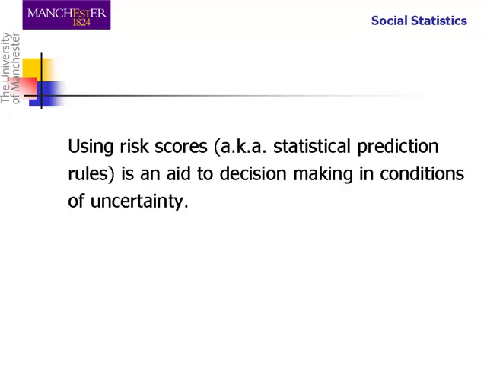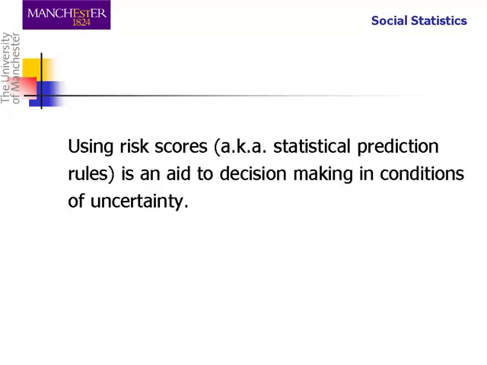But it's an aid to making decisions where you just don't know all the variables that you would like to know, which is a very common situation in social science and in statistical modelling, if you like. So that's, in essence, what we're thinking about here.